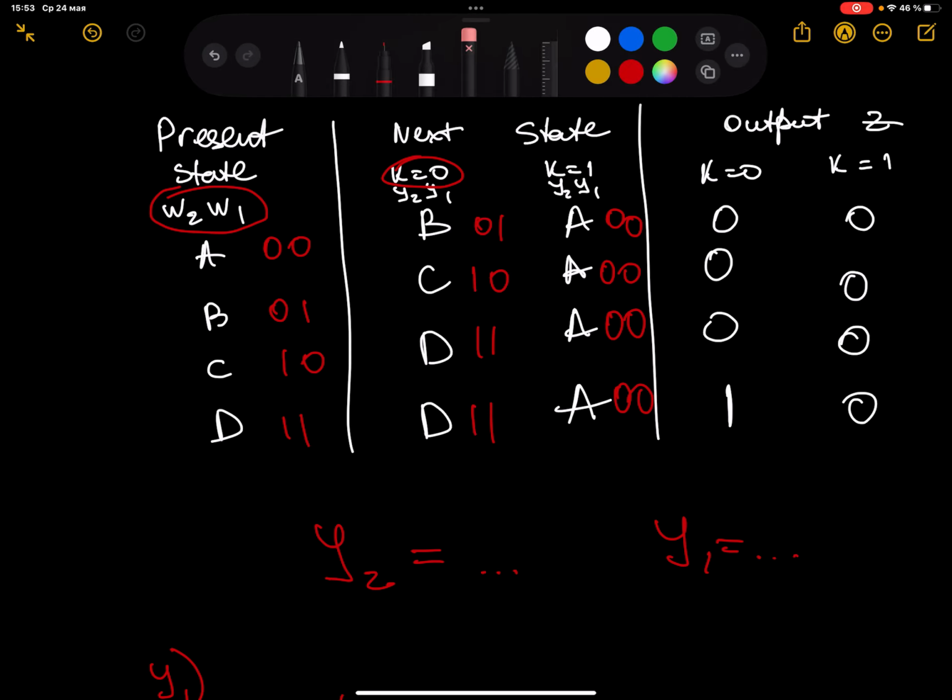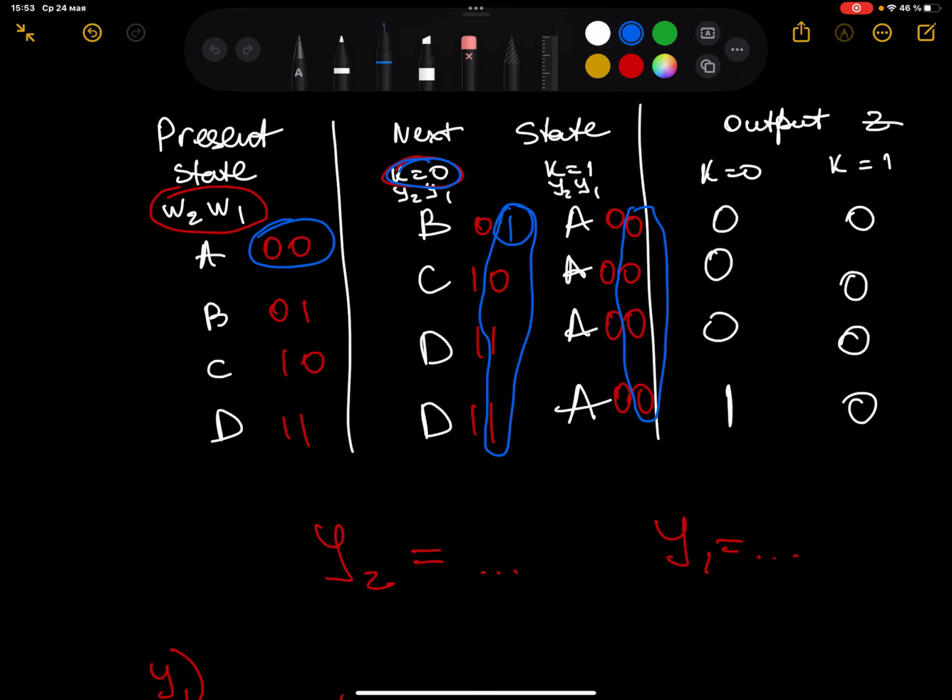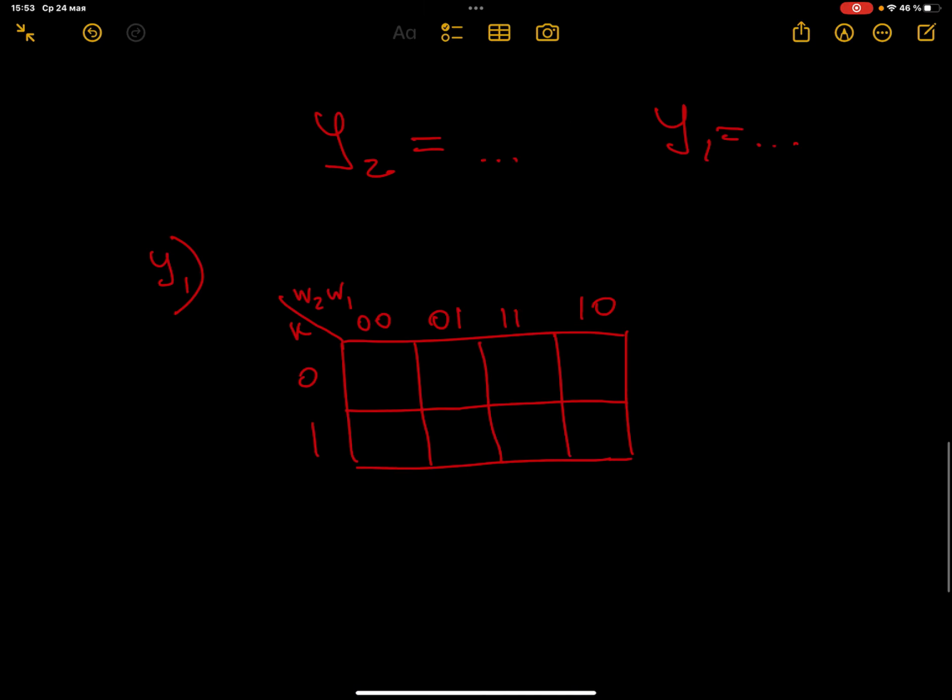Look at this column. So when W2, W1 is 0 and K is 0, our Y1 is 1. So I'm copying these values in the following rows. They're going to be 1 0 1 1 0 0 0 0.